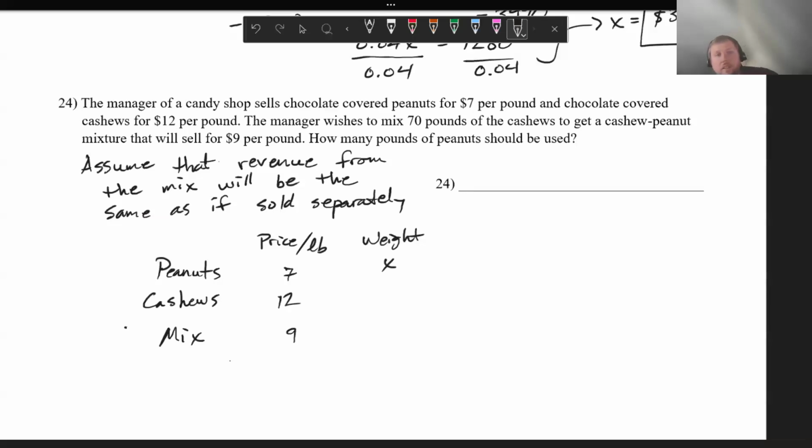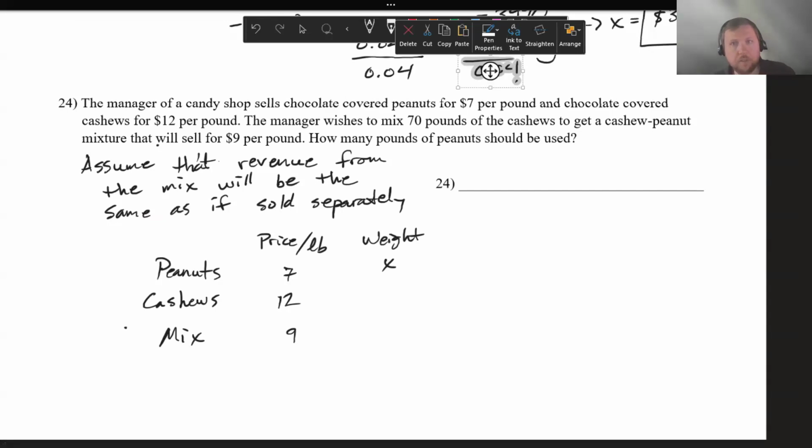Now, you can't always expect these to be the exact same kind of problem. In this case, they didn't tell us how much they wanted the mix to weigh. They told us how many pounds of cashews are being used. So we're using 70 pounds.